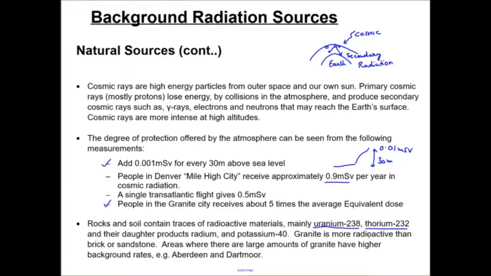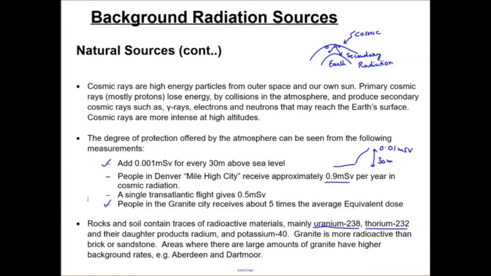Yeah, so granite is more radioactive than brick or sand, and areas with a large amount of granite have higher background rates, for example, Aberdeen and Dartmoor. If you take a Geiger-Muller tube and measure the radiation, you would find a slightly higher rate of background radiation in these areas.